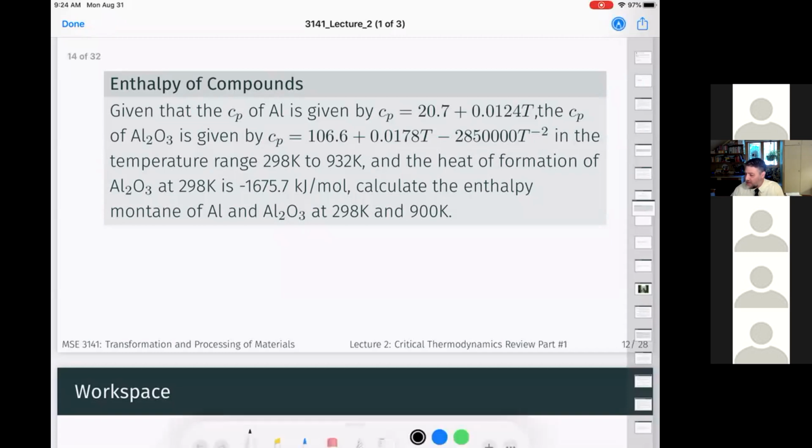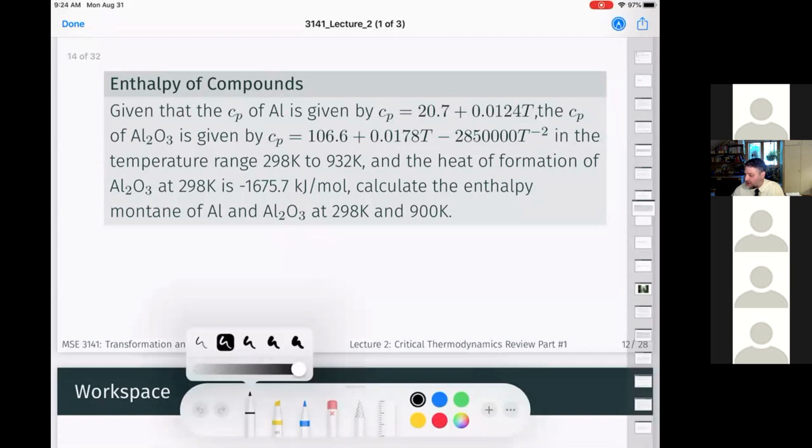These polynomial equations here are typically the way that specific heats are fit and tabulated, right? It just happens that a lot of times they have this form, right?